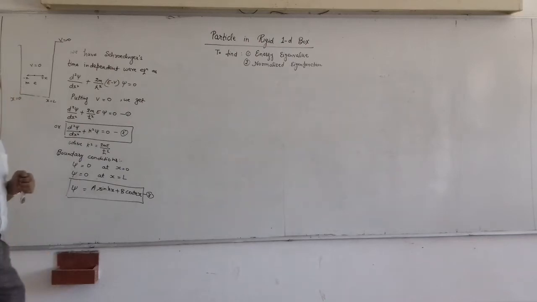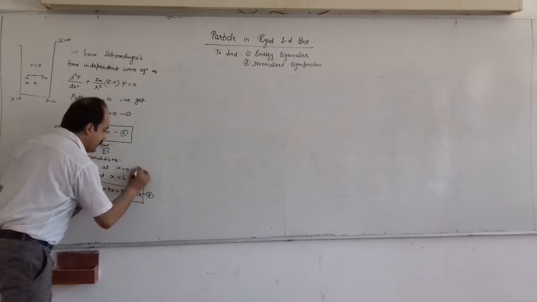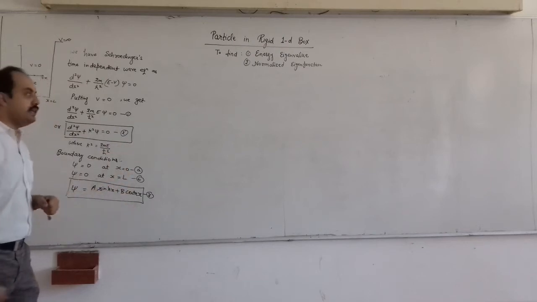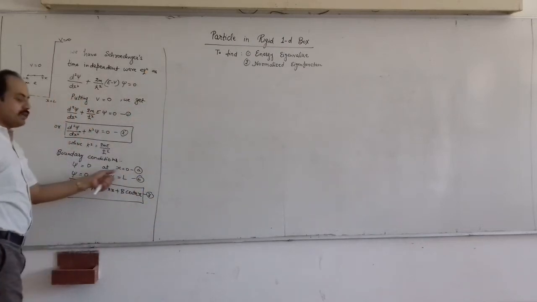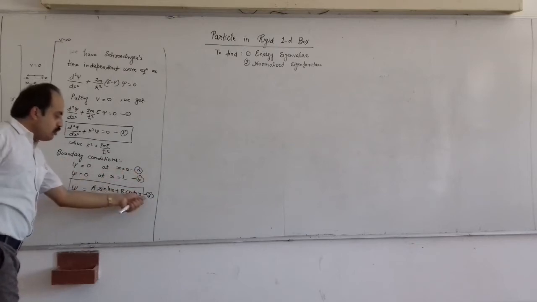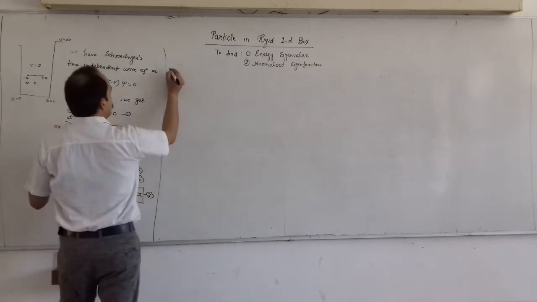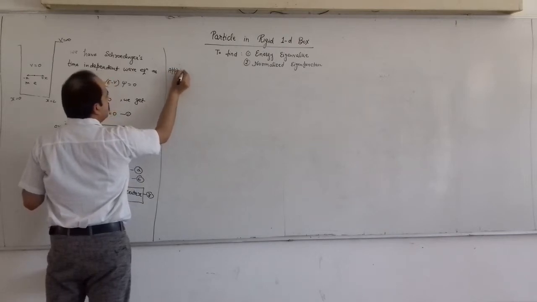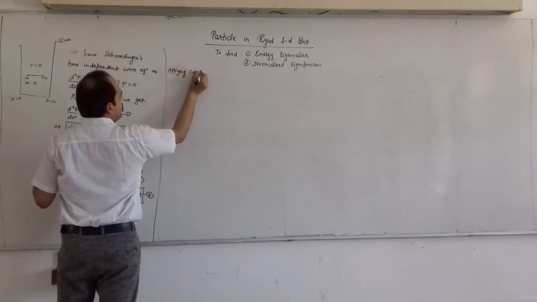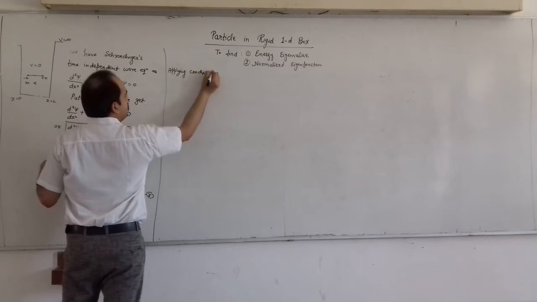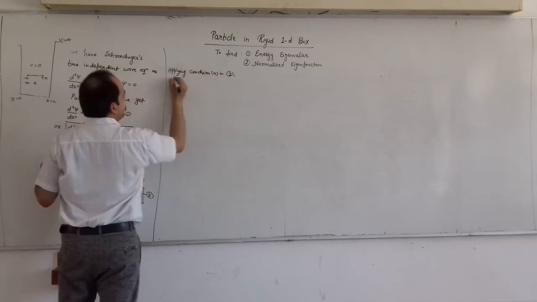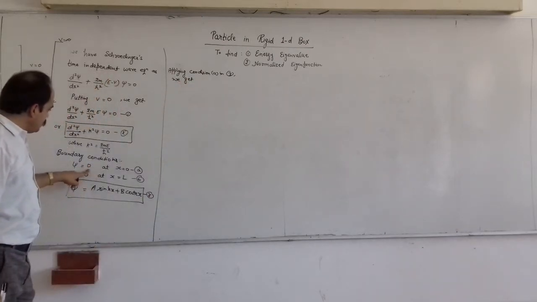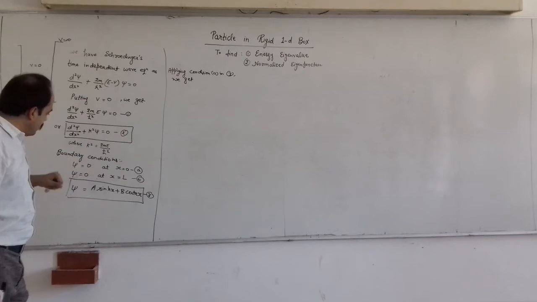So let us apply our boundary conditions. This is our A and this is our B. Applying our boundary conditions one by one in equation number 3, let us apply condition A. Putting x is equal to 0, we get psi is equal to 0.